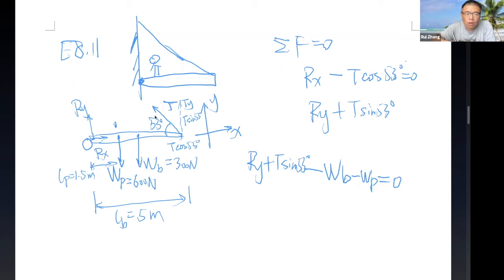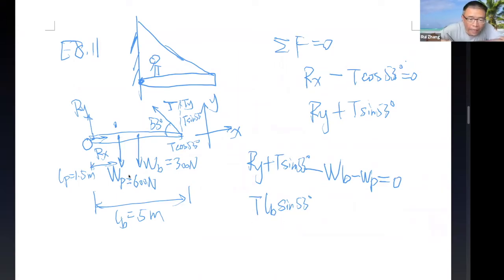The torque given by tension is T times the distance, which is LB, times the sine of the angle between them, sine 53. That's a positive torque.